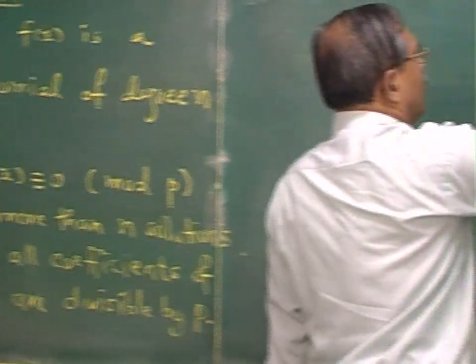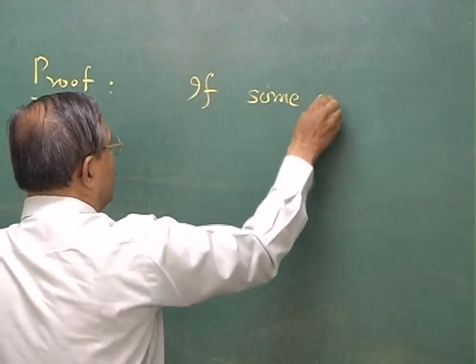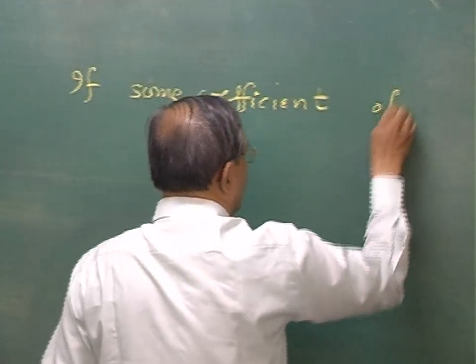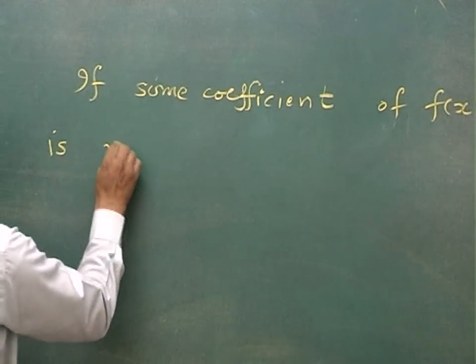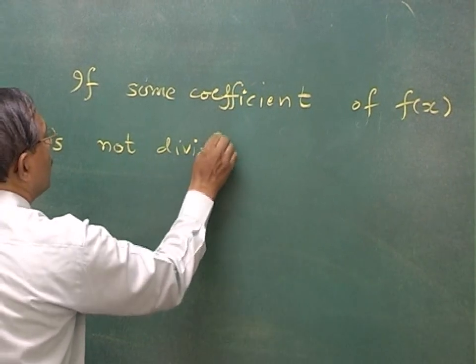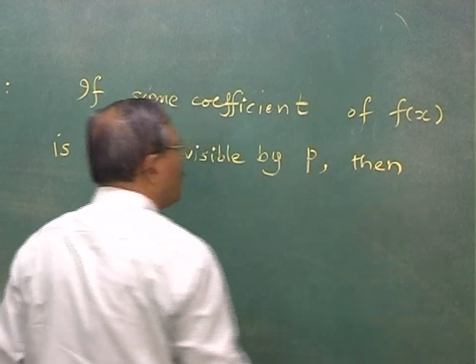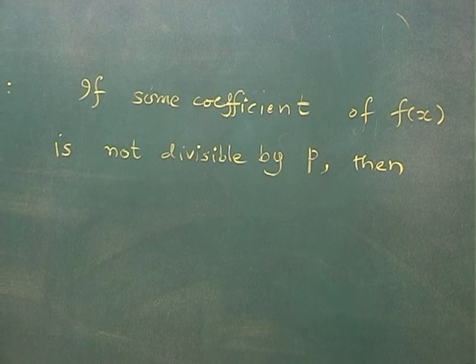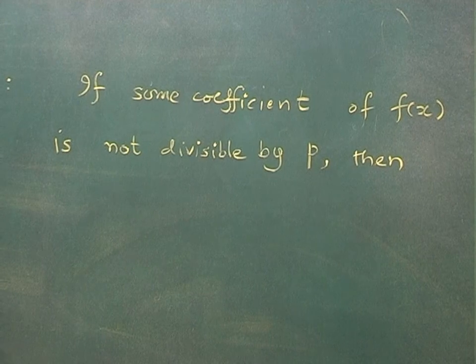The proof is that if some coefficient of f(x), okay, one of the coefficients of f(x) is not divisible by p, then you can talk of the degree of the congruence f(x) congruent to 0 mod p, and the largest degree coefficient which is non-zero mod p will give rise to the degree of the congruence.